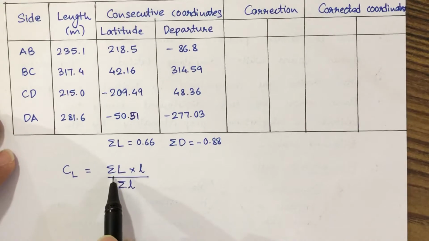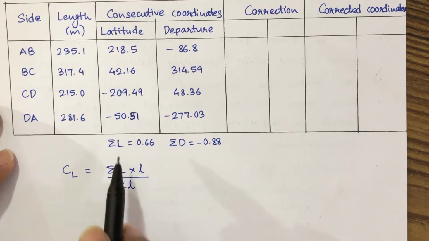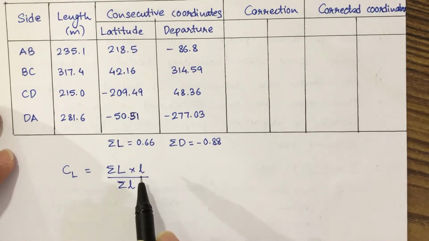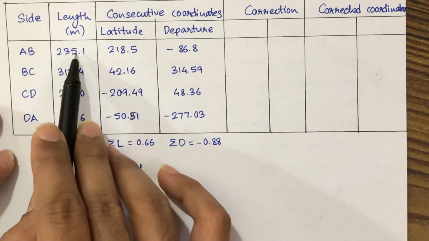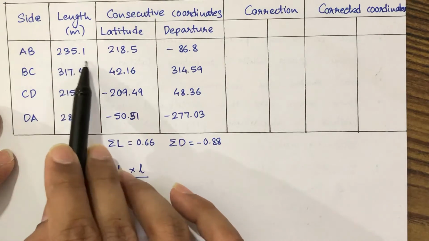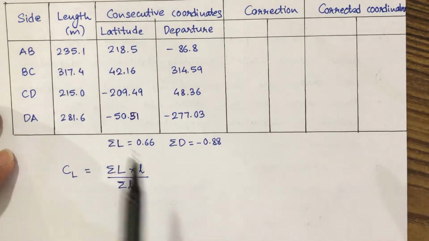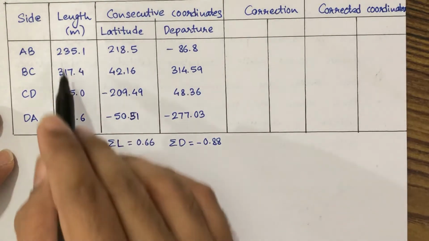Now, this summation of latitude is the total error in the latitude. This small l is the length of that particular side. Suppose for side AB the length is this, for side BC the length is this. So small l is the length of that particular side, and summation small l is the perimeter of this traverse.